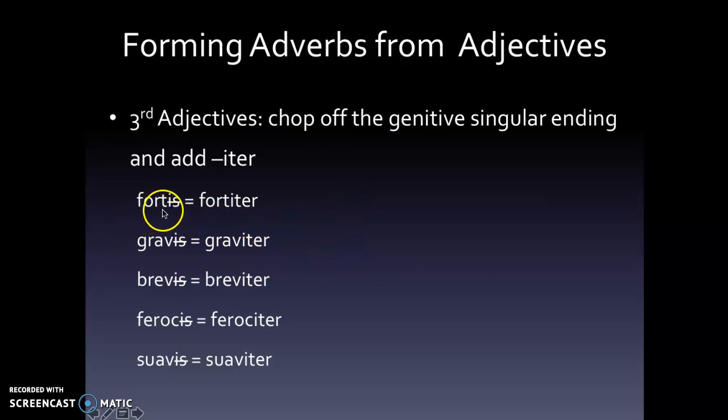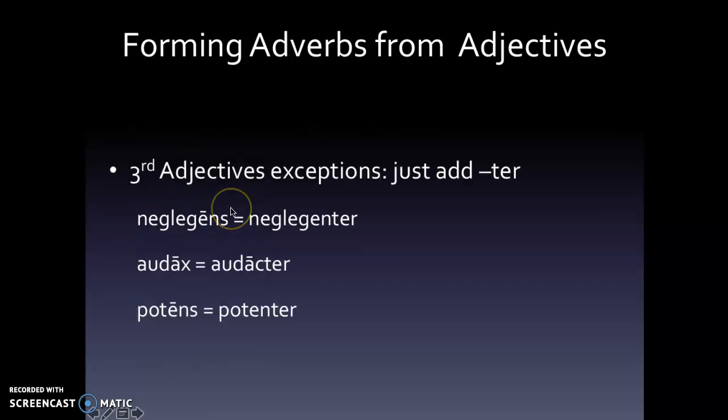You take the nominative singular, chop off the is, and put iter on there. So brave versus bravely. If it's a third declension adjective that doesn't have the is, you simply add the ter. So diligens becomes diligenter, audax becomes audacter, potens becomes potenter.